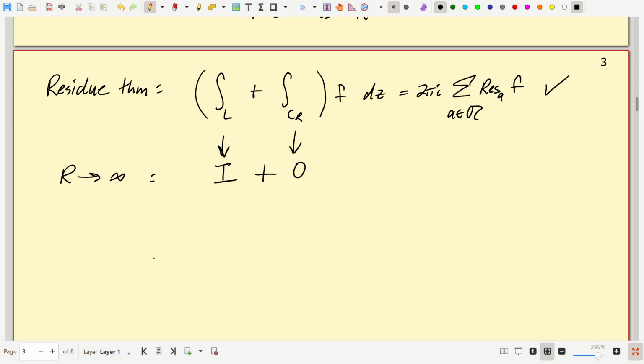A remark, I could beef this up and make it more general. Remember, the modulus of e to the i s z is less than or equal to 1 in the upper half plane when s is bigger than 0.